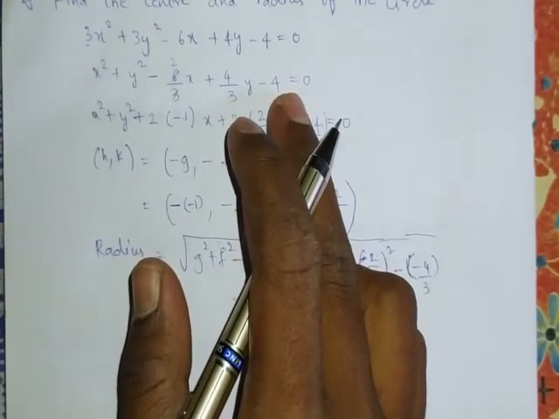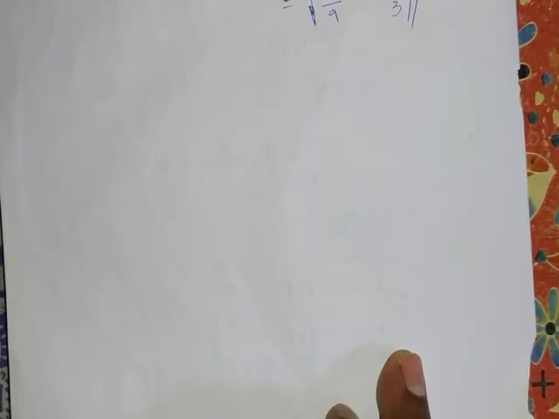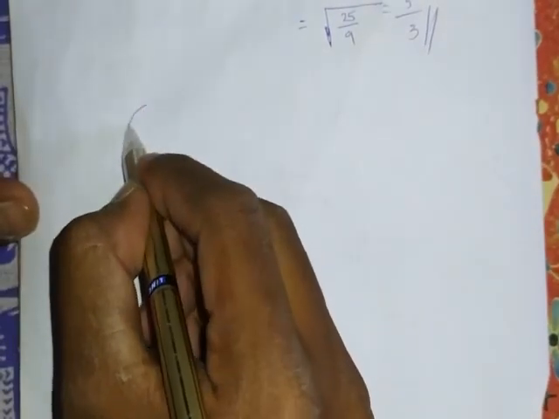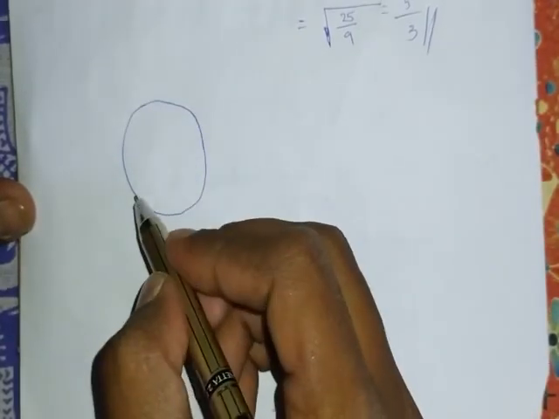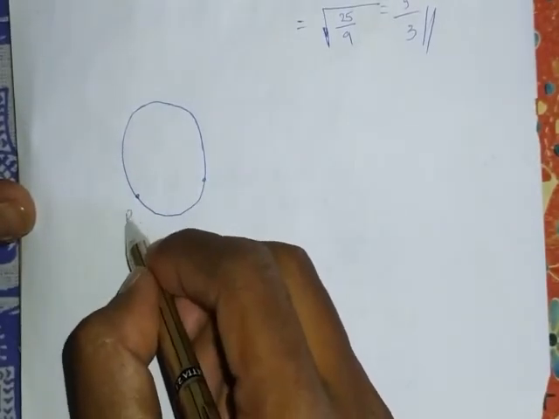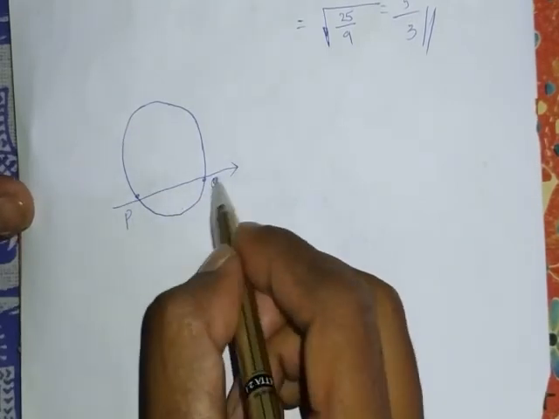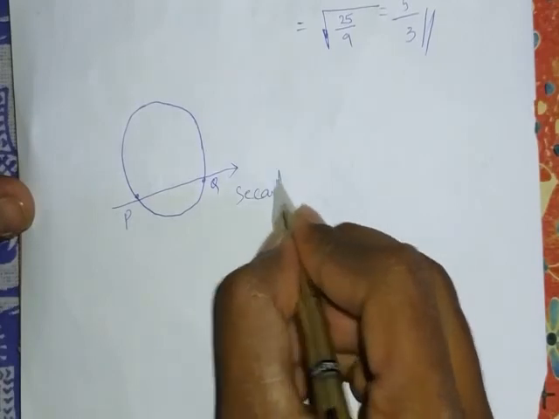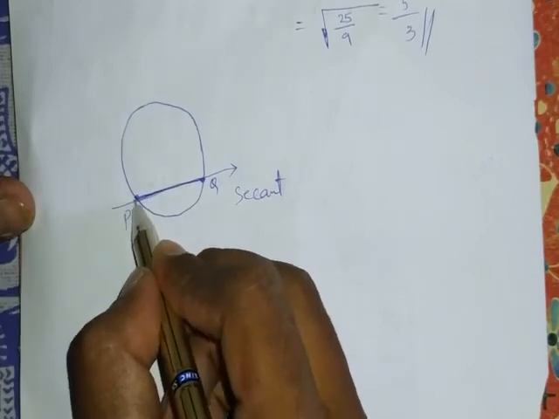Slowly we shall go into some basics. If we consider any 2 points like P and Q on the circle, let us consider these 2 points P and Q. The line passing through these 2 points can be considered as a secant, and the line segment joining these 2 points can be considered as a chord.